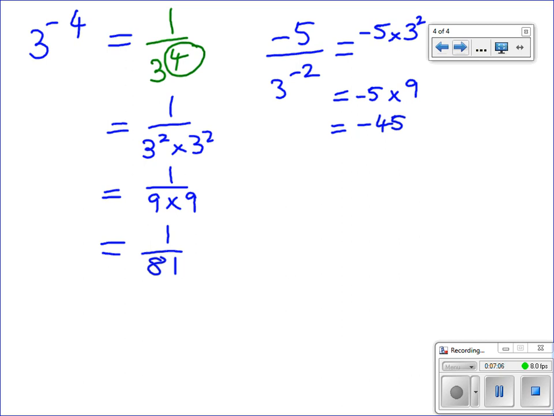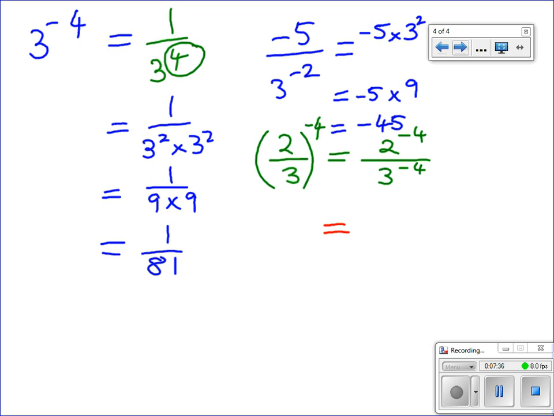My final one, because I don't feel like I've covered everything unless I do a fraction. We're actually going to use index laws on this one. We're going to say that that is 2 over 3, all to the power of minus 4, which is the same as 2 to the power of minus 4 over 3 to the power of minus 4. Now, we actually looked at something very similar, just with pronumerals instead of numbers.